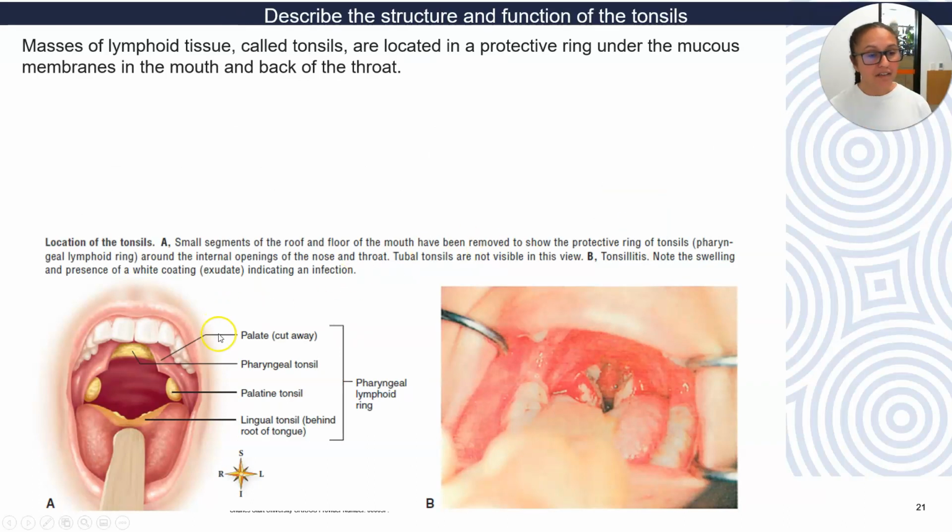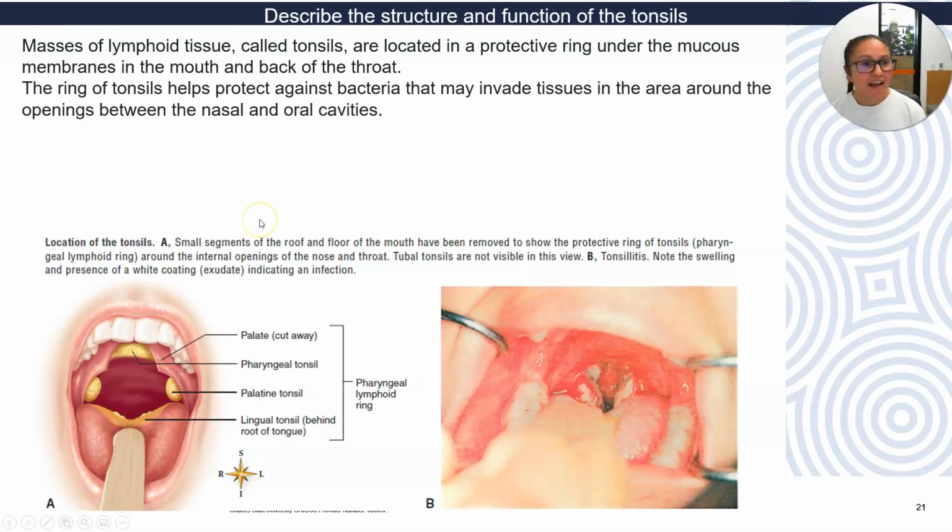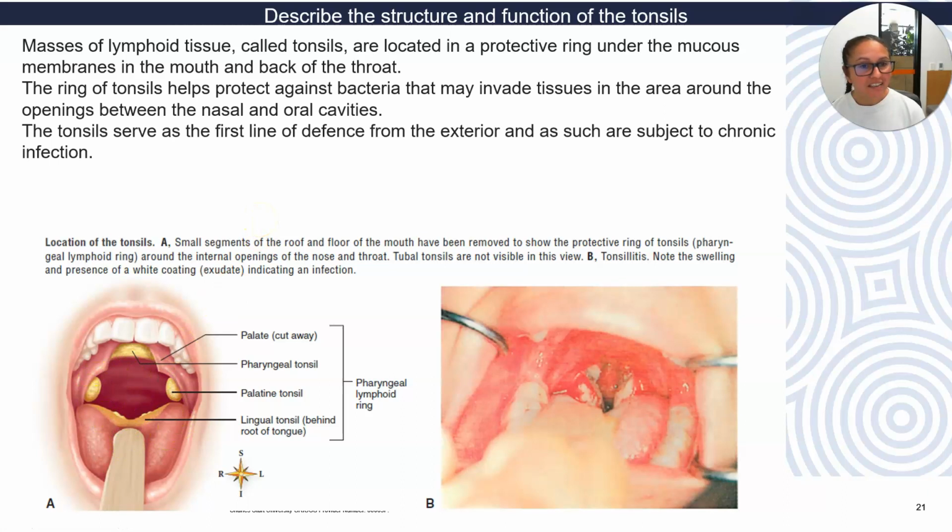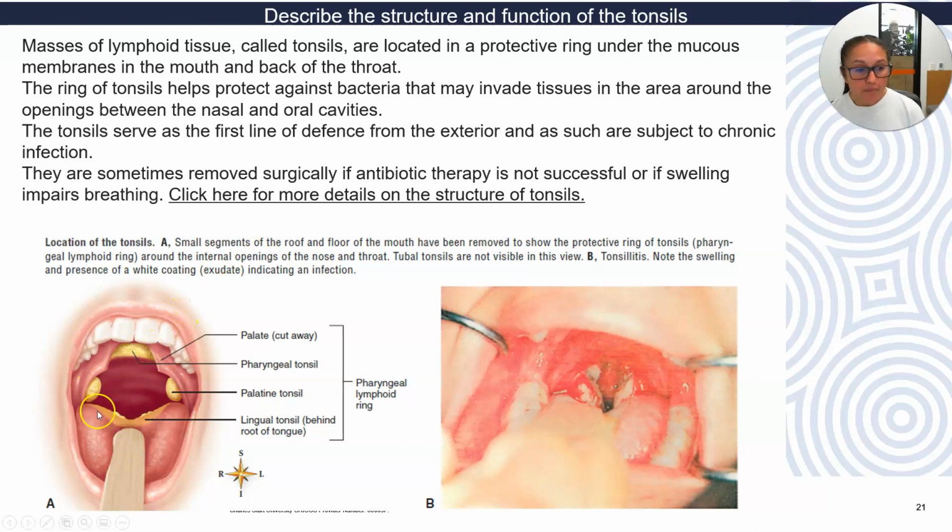All right, let's have a look at tonsils. Some of you may have had your tonsils out. So can you see here that you've got tonsils? Tonsils are just lymphatic tissue. And it actually has white blood cells there ready to attack any foreign pathogen that needs to be killed.